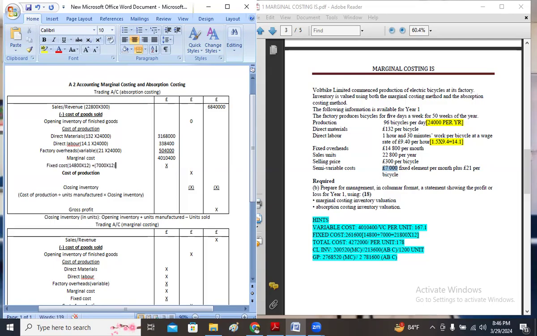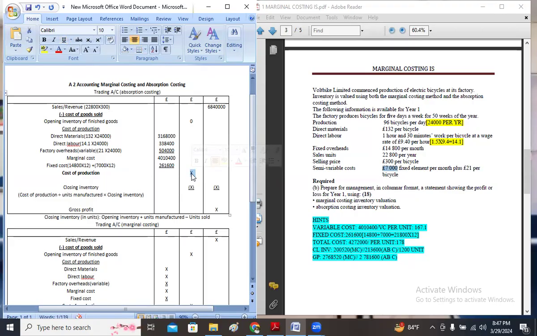So the total fixed element comes to 261,600.